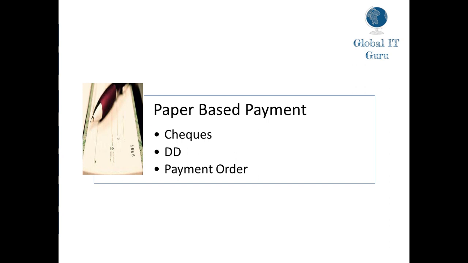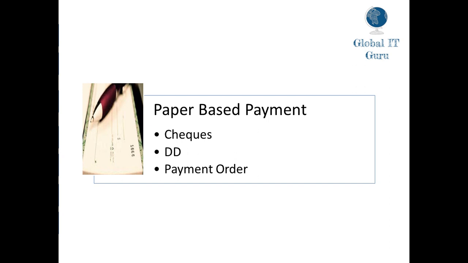Next, demand draft, which we call DD. Unlike a check, a demand draft cannot be dishonored as the money is already paid to the bank, and there is no need for a bank account to receive the payment through DD. Usually DD is cleared within an hour or before end of day, whereas checks will take a day or two to get cleared via the clearing house.